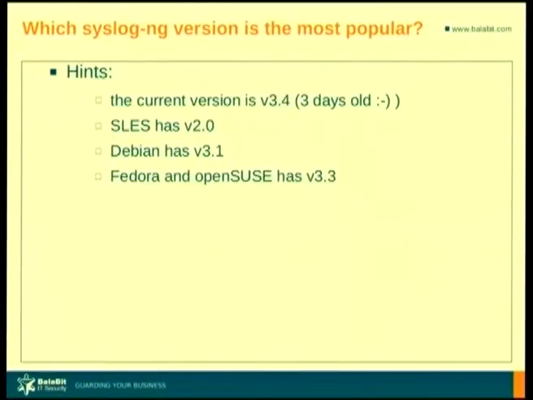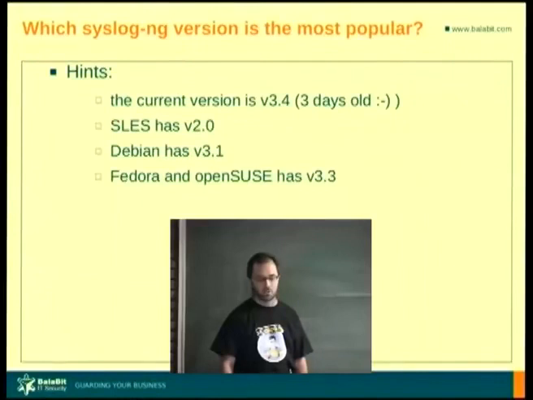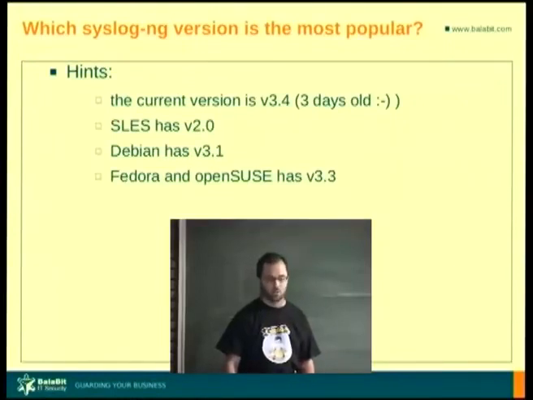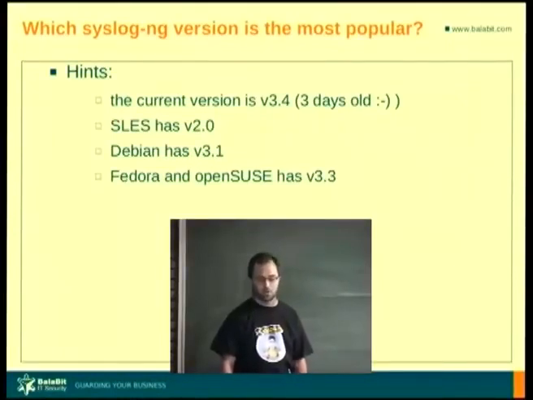Syslog-ng 3.4 was released just three days ago. SUSE Linux Enterprise has version 2.0. Debian has 3.1. Fedora and openSUSE both have version 3.3. So what do you think? Which has the largest installed base?